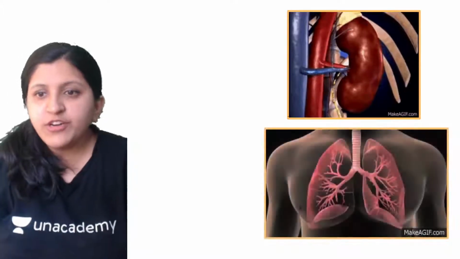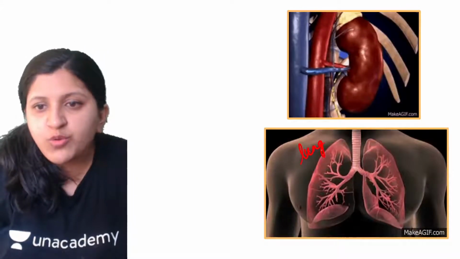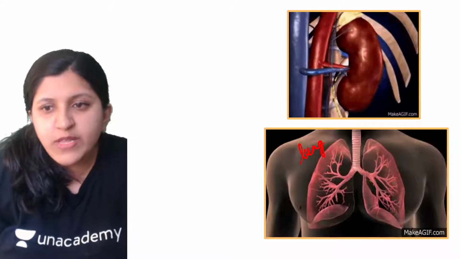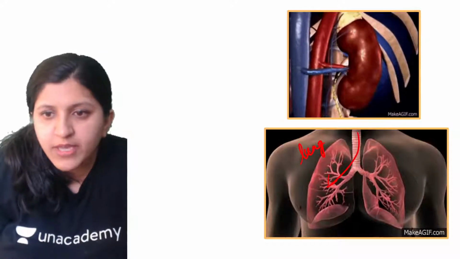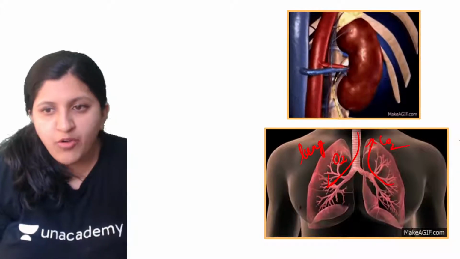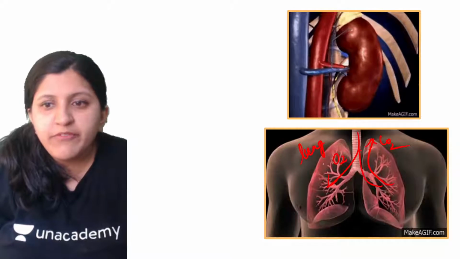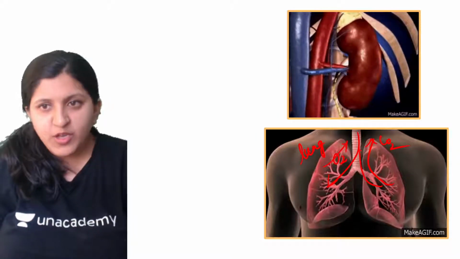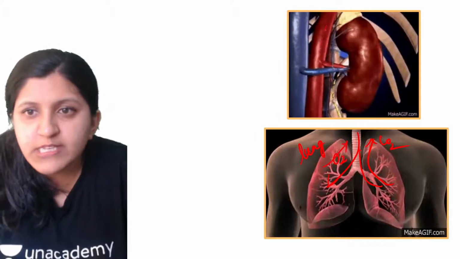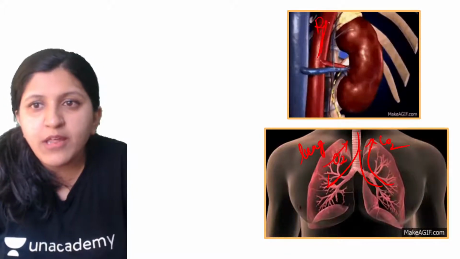Okay, then other than that, here you can see this is now a lung. Through the lung, what do we get rid of? There is oxygen that is coming in, and the carbon dioxide we get rid of. Here you can see this is the artery, mainly the renal artery.